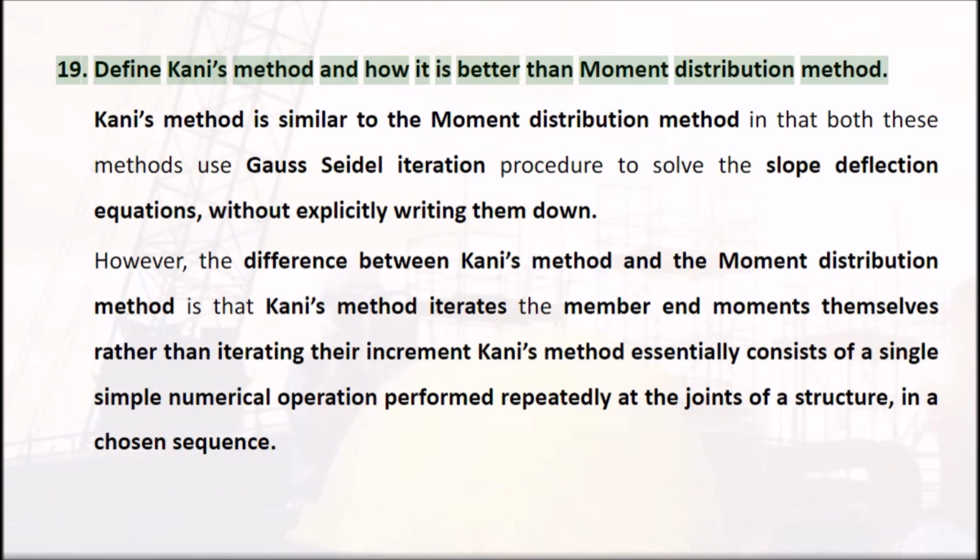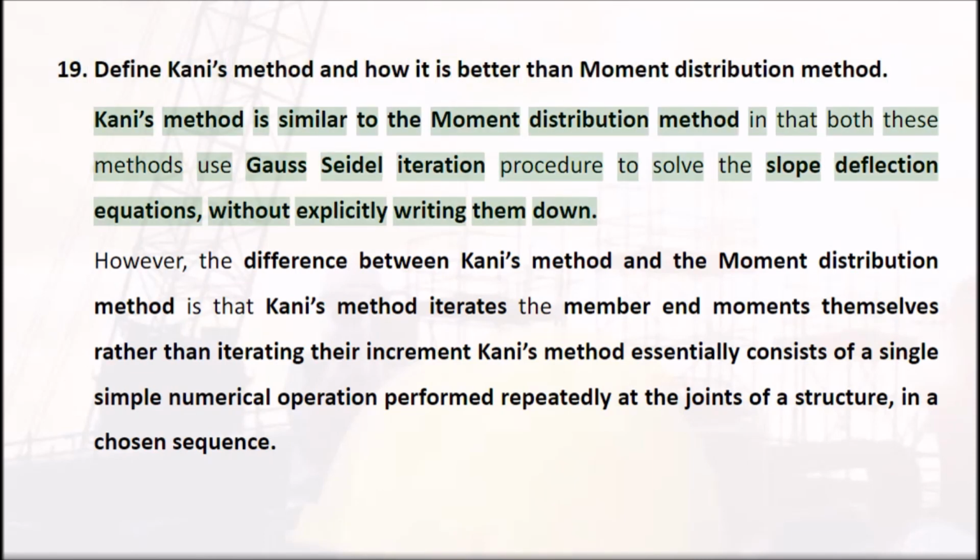Define Kani's method and how it is better than moment distribution method. Kani's method is similar to the moment distribution method in that both these methods use Gauss-Seidel iteration procedure to solve the slope deflection equations, without explicitly writing them down.